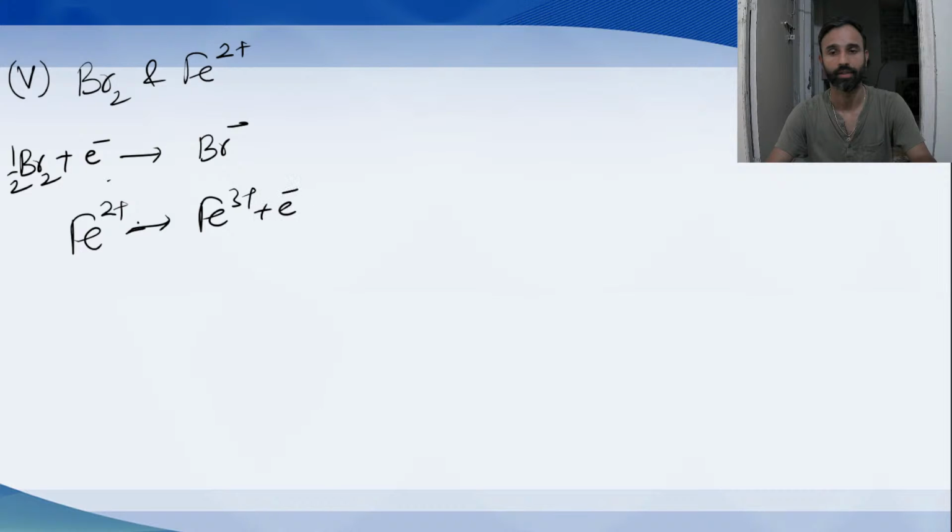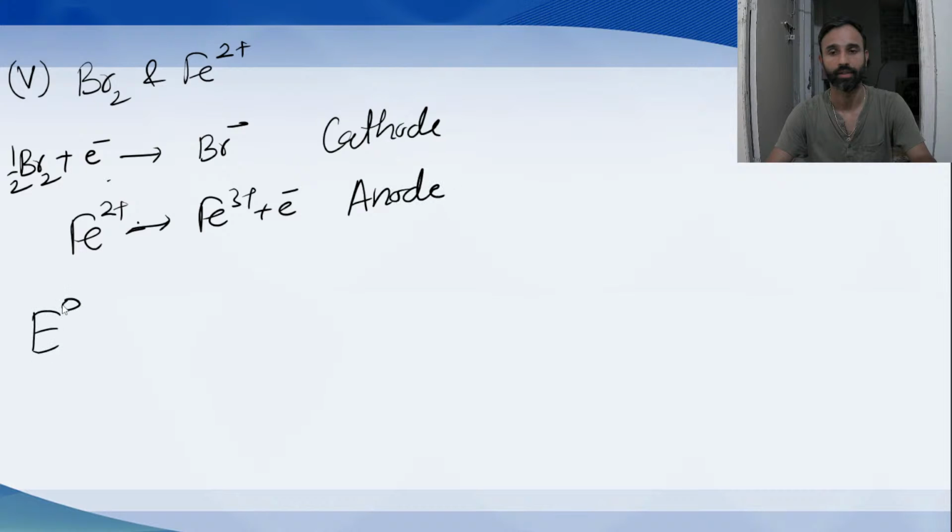Now what happened? This one acts as cathode because gain of electron is reduction. It acts as a cathode, and this one as anode.